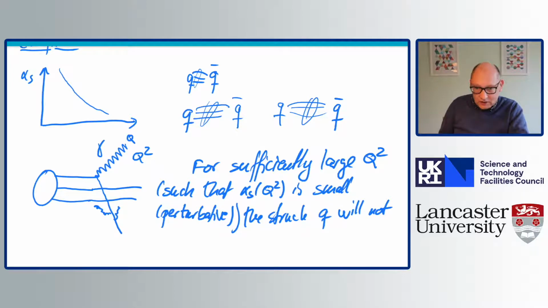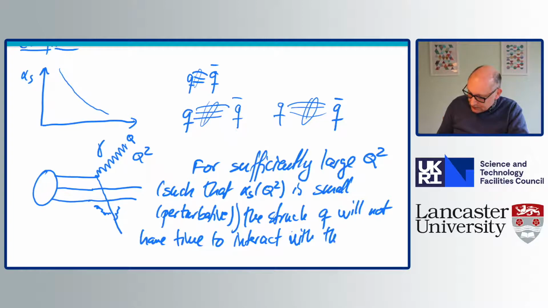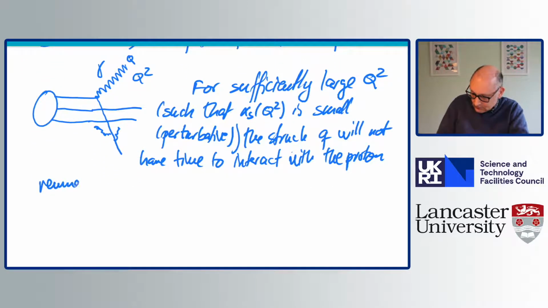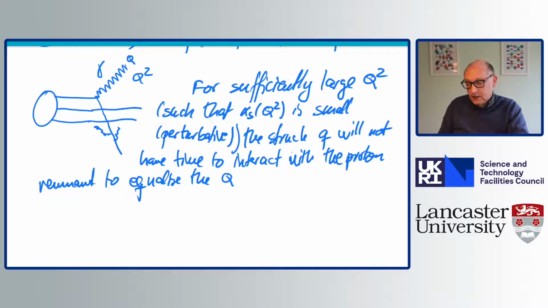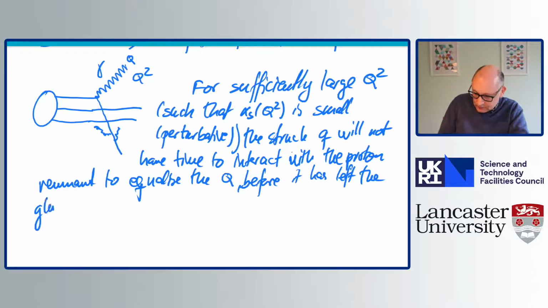So it will not have time to interact with the proton remnant to equalize the Q, to spread out the momentum that has been hit by to the other constituents of the proton before it has left the gluon field around the remnant.